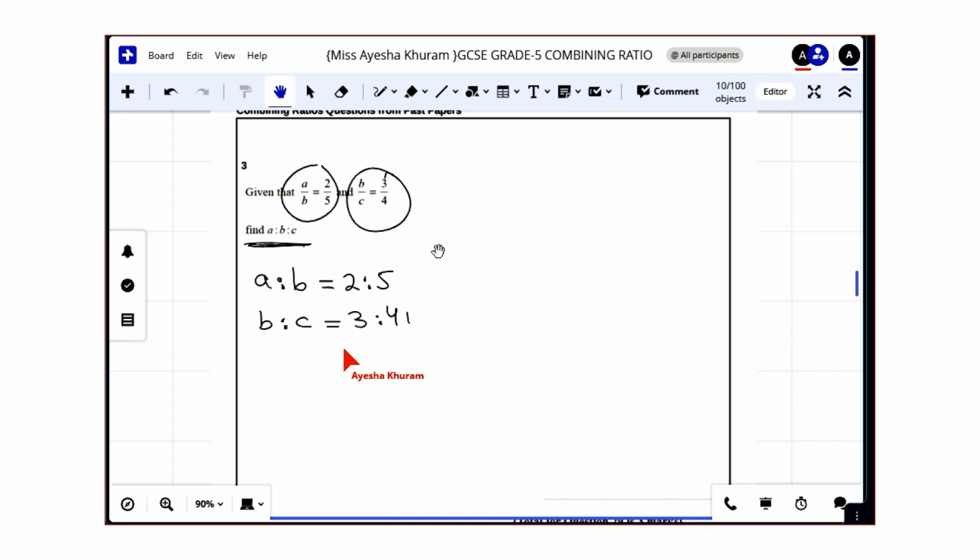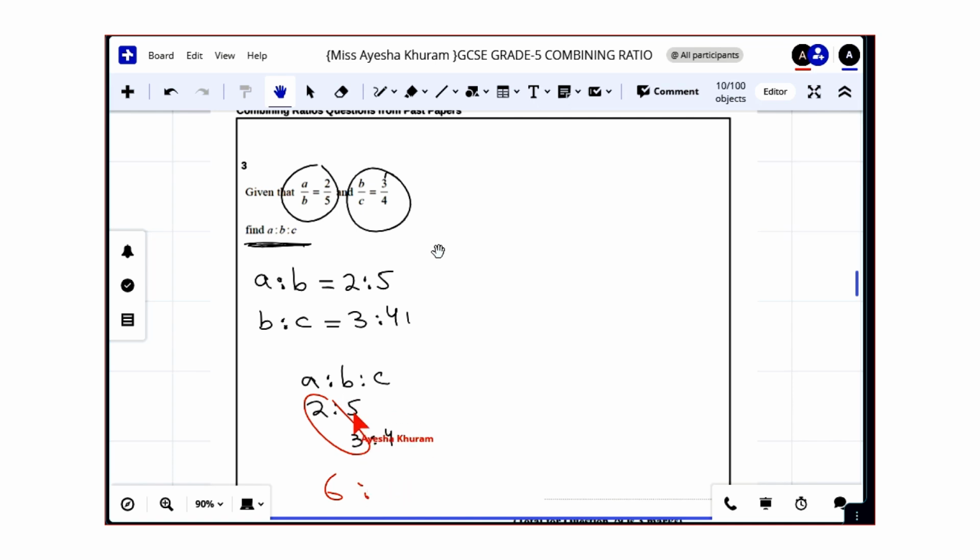All right, I'm gonna combine it just like I did in my last video. A to B is 2 to 5, and B to C is 3 to 4. I use the same way as before. I multiply these two numbers, because I'm combining ratios. 2 times 3 is 6.